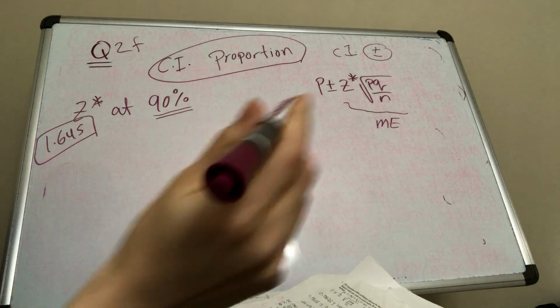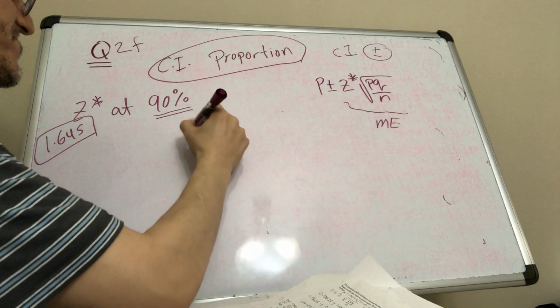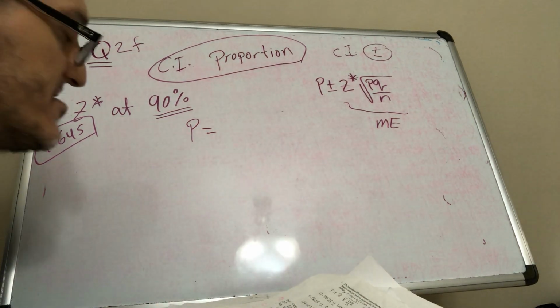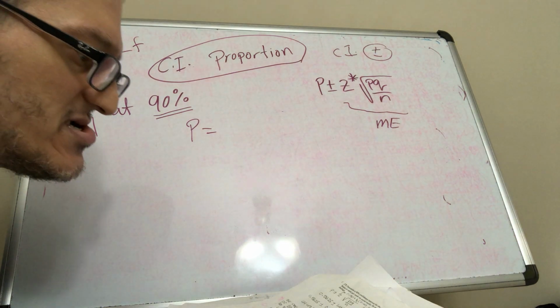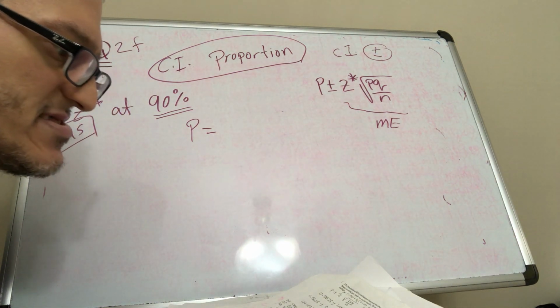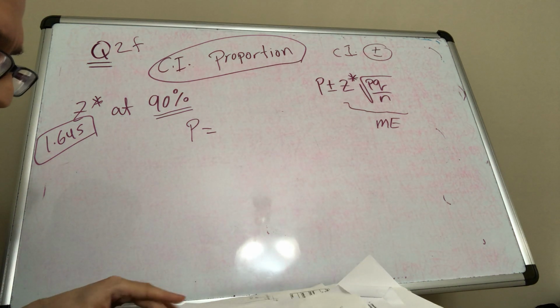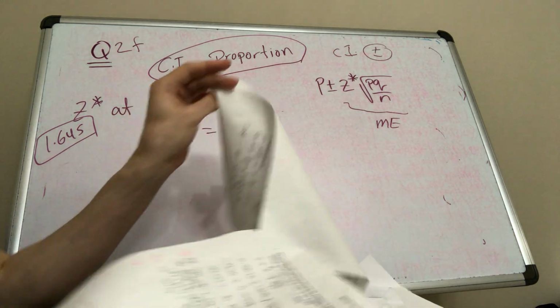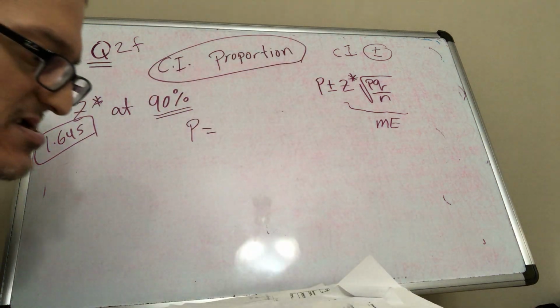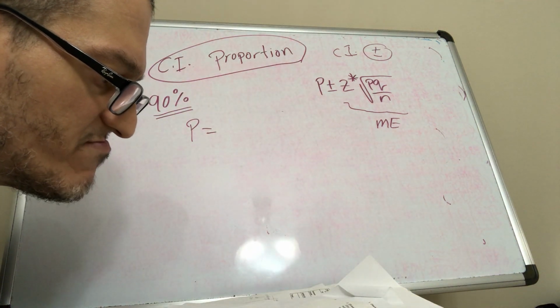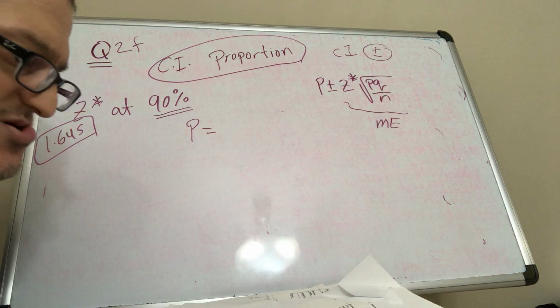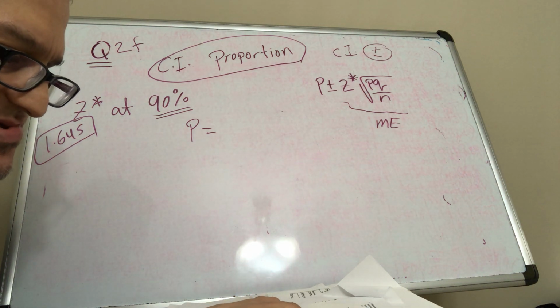We need P. Now they tell you people spending more than 25 hours. So you go back to the list that you have. More than 25, so we start counting from 26.